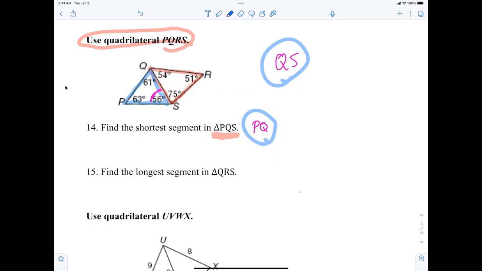All right, so now what's the largest segment of QRS? QR. Now, would you agree if I said what's the largest of the blue triangle, you would say what? Of the blue triangle, which one would be the largest? QS, right?